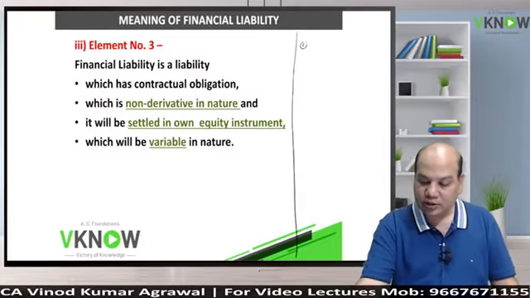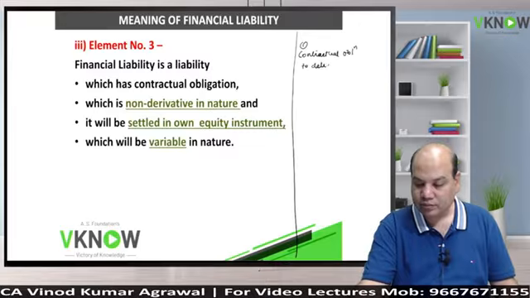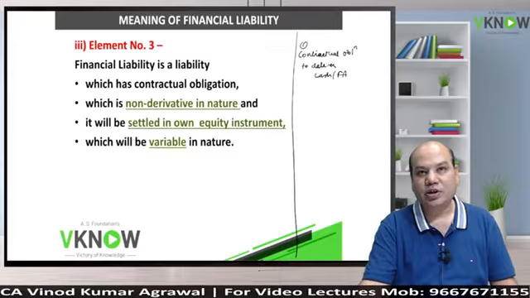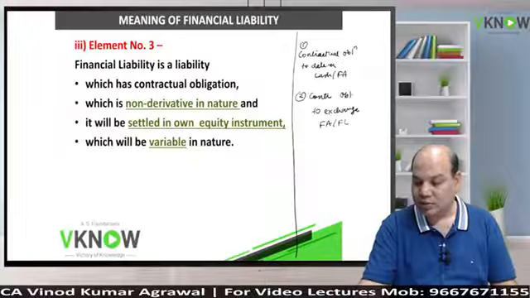What was element number 1? Element number 1 was a contractual obligation to deliver cash or any other financial asset. And the second one is a contractual obligation to exchange financial assets or financial liabilities under unfavorable conditions.